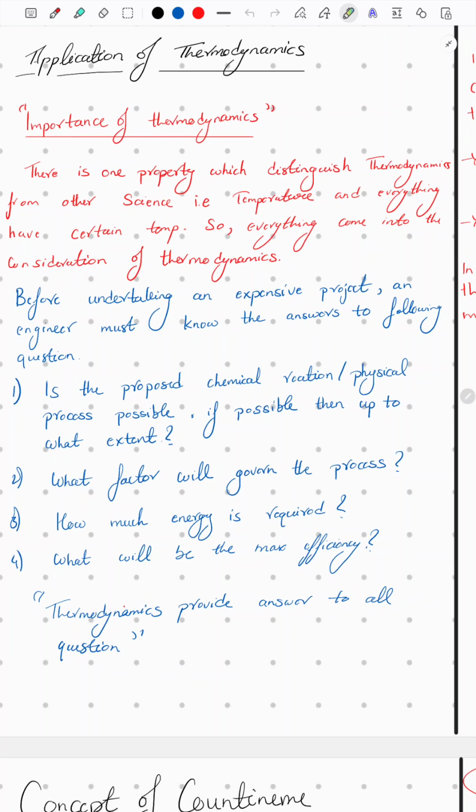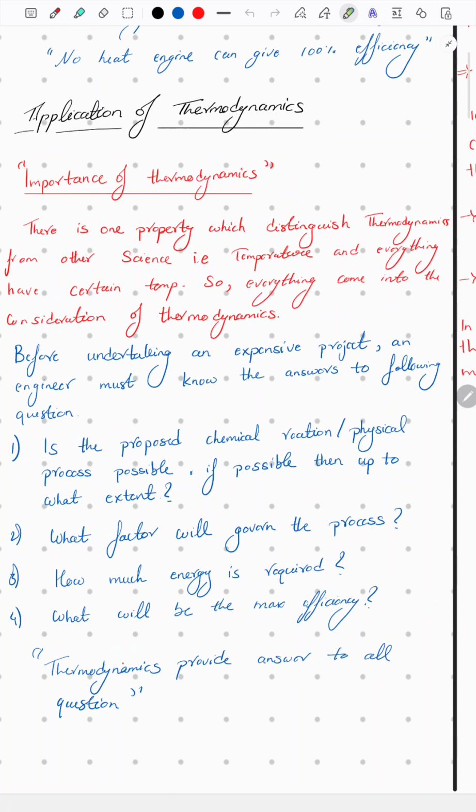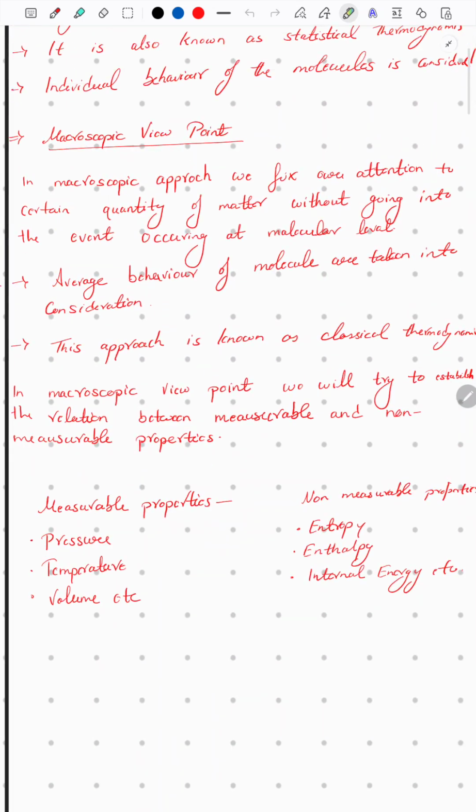If possible, then up to what extent? What factors will govern the process? How much energy is required? What will be the maximum efficiency? Thermodynamics provides answers to all these questions.